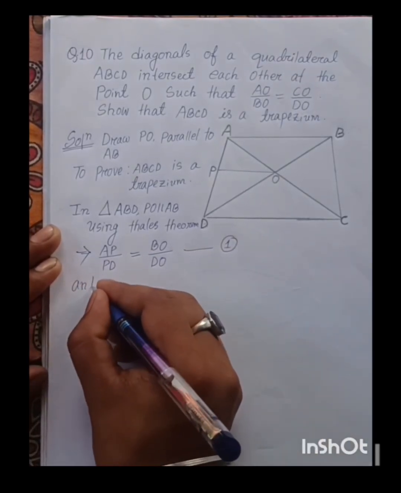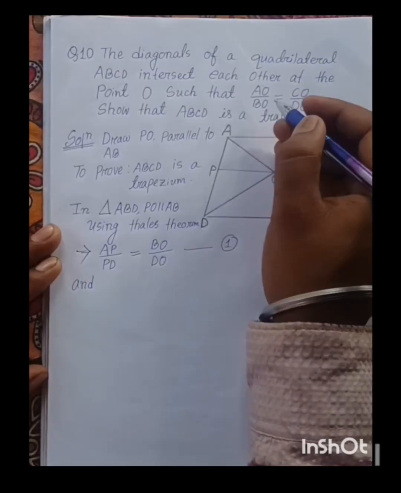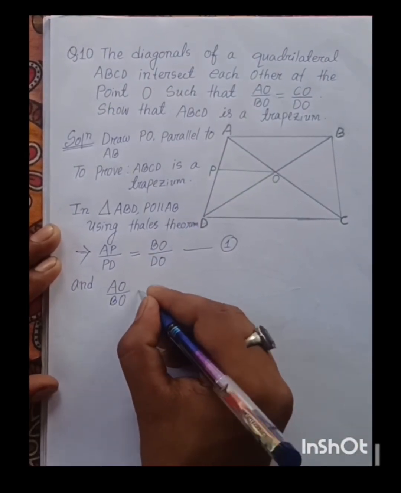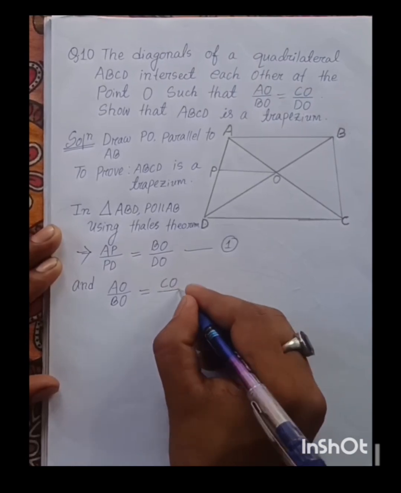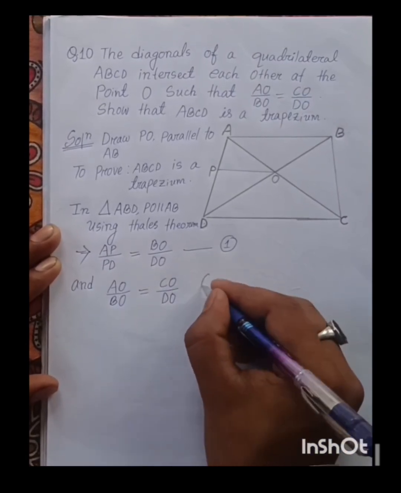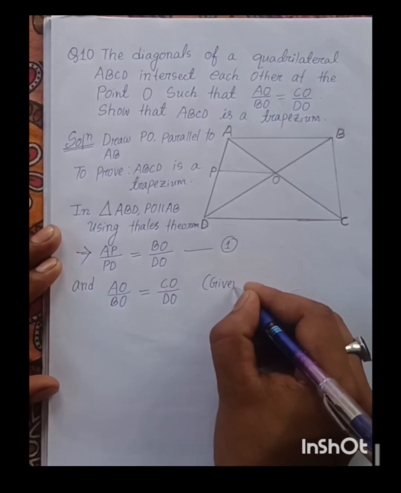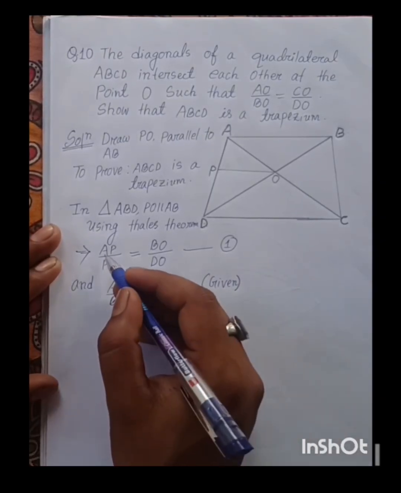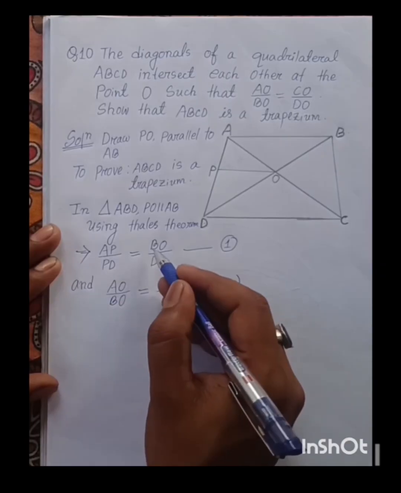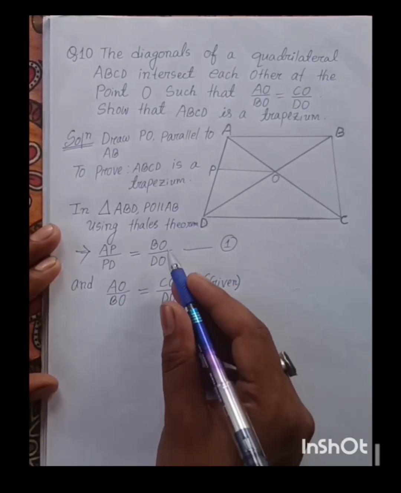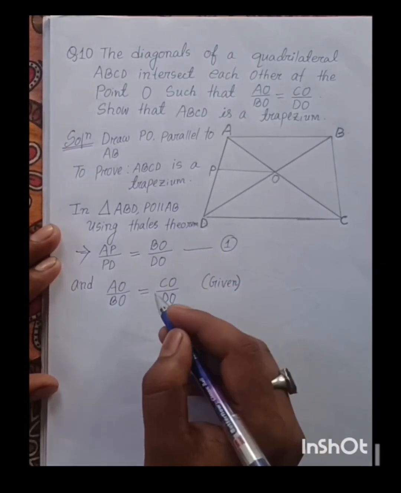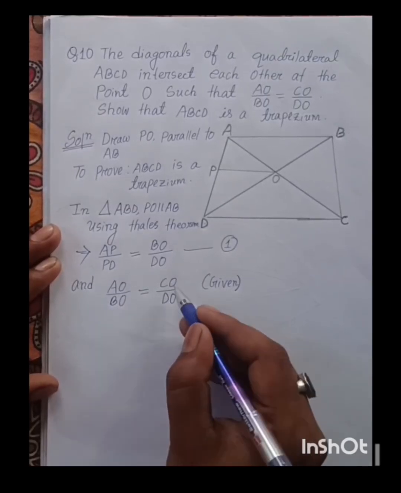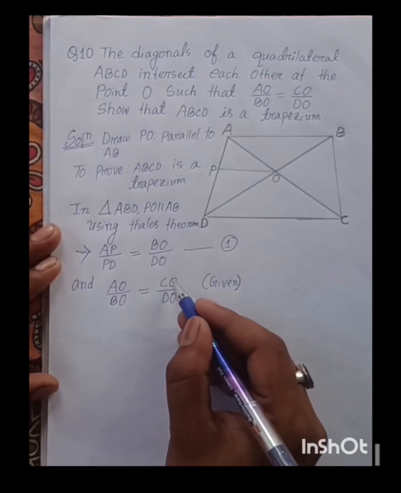And in our question given AO by BO equal to CO by DO. This is given in our question. Now this I will arrange. See here now AP by PD equal to BO by DO. So here not matching ratio. So I will arrange from this now AO by CO. CO I'll bring here and BO I'll take here.